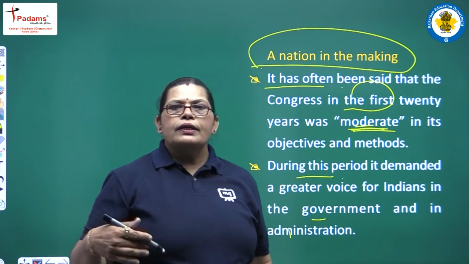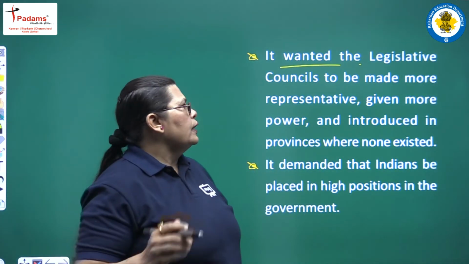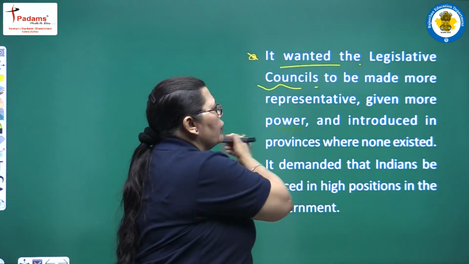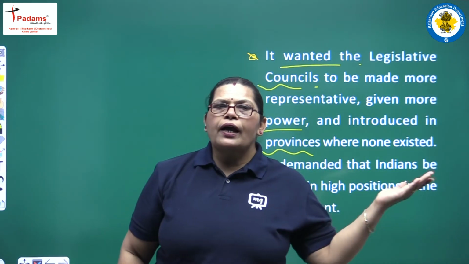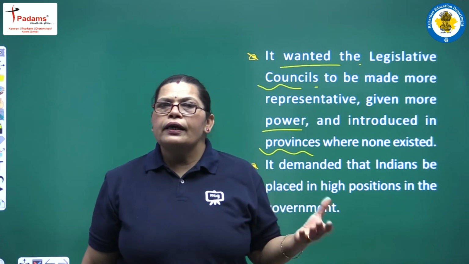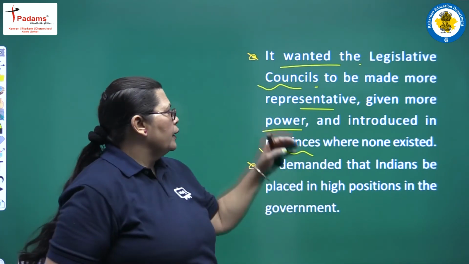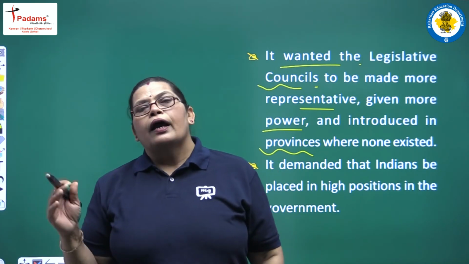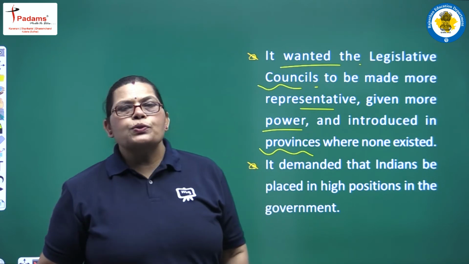So these people always had new thoughts for the Indian people. It wanted the legislative councils to be made more representative, given more power, and introduced in provinces where none existed. Many other works were also being done at that time, children. As legislative councils began to be announced, they wanted more representatives. They wanted Indians to get more power. In the provinces where no one had yet been taken as legislative members, let them also be taken.